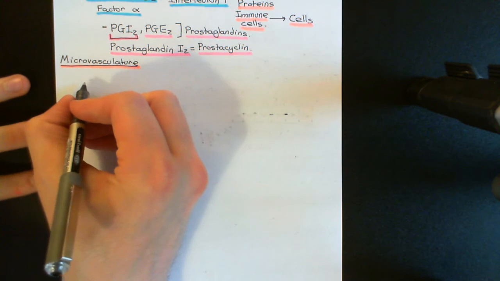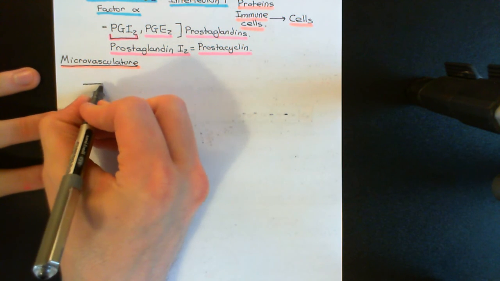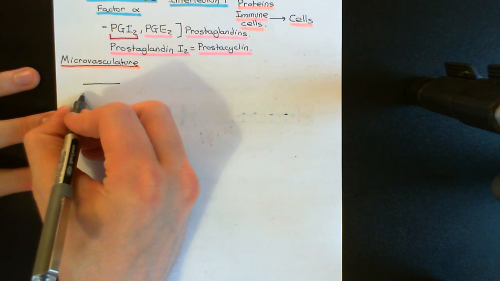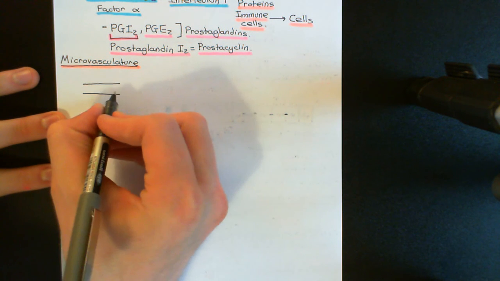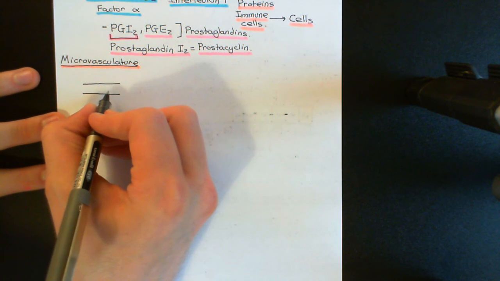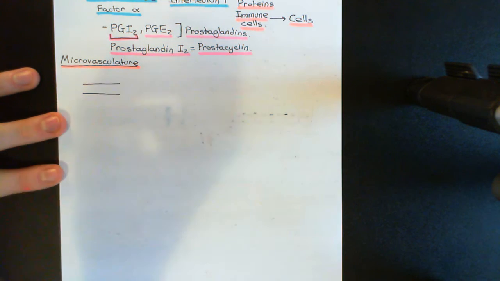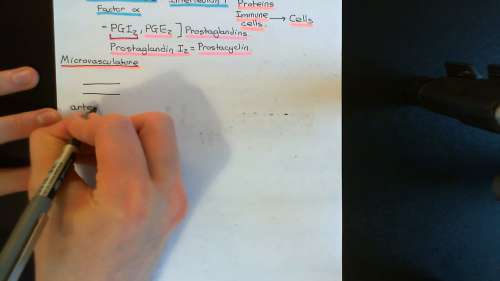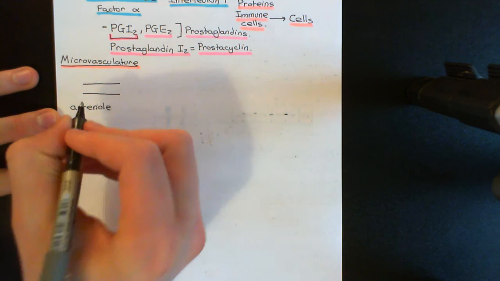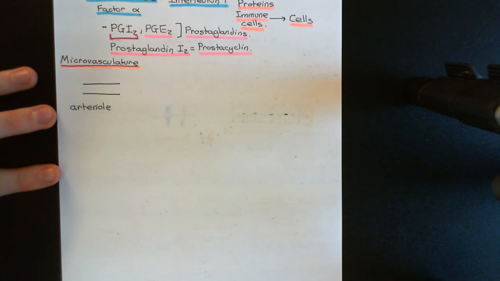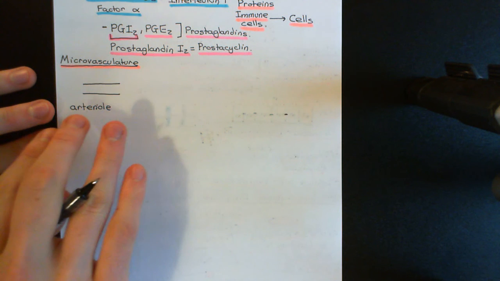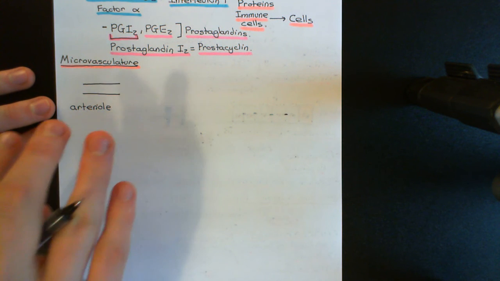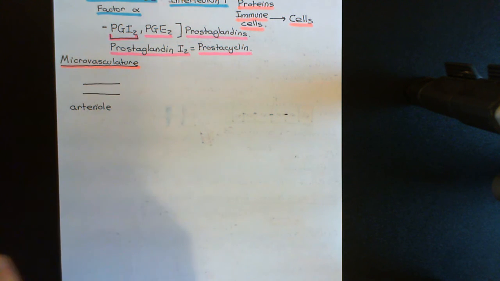So just drawing a basic picture of this then, what we're going to start off with is here, let this be the arteriole that is just before the capillary bed. Now, the word arteriole is used to describe a huge different array of sizes of blood vessels. So it's quite a bad term, because when someone says arteriole, it could be a huge number of different sized blood vessels.